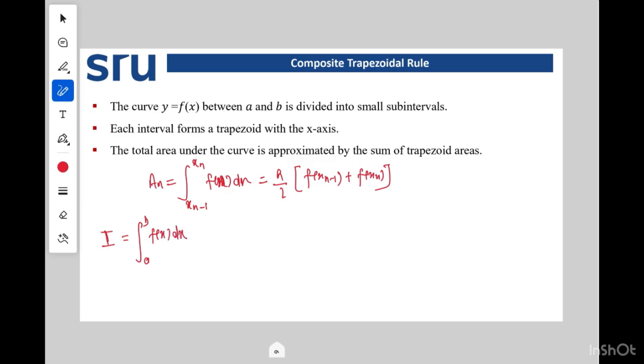It is approximately equal to the area of the first trapezoid, x0 to x1 of f of x dx, plus x1 to x2 of f of x dx, plus dot dot, xn minus 1 to xn of f of x dx.